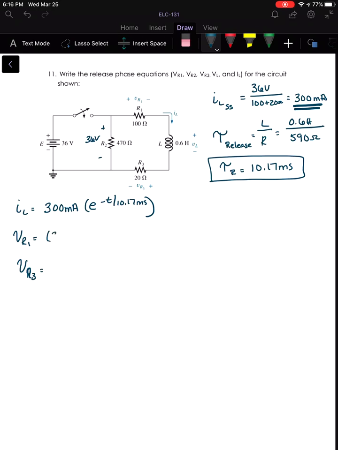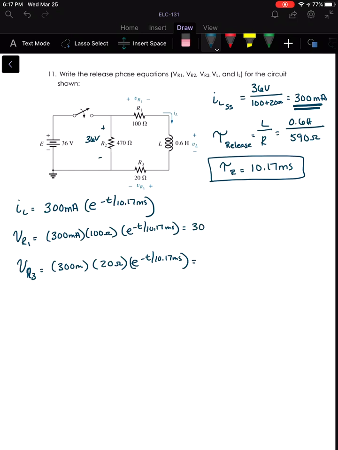So what we're going to see there is that 300 milliamps times R1 will give us VR1, and 300 milliamps times R3 will give us the maximum voltage there, the voltage that we're starting with.